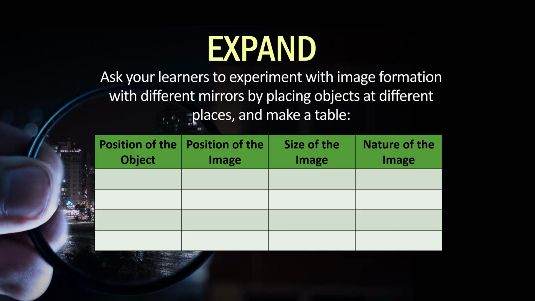When they do it on their own and fill this table correctly, your objective will be achieved: yes, my learners have learnt how images are formed by mirrors. From mirrors, let us move towards the lenses.